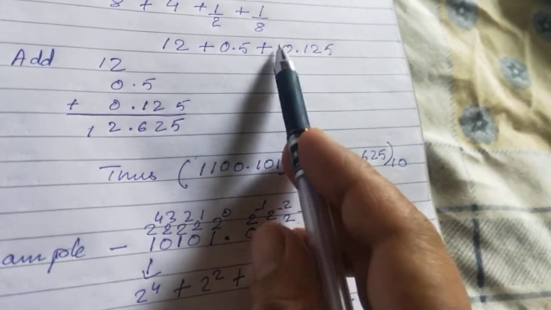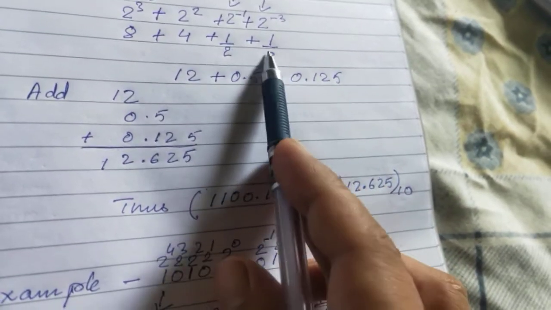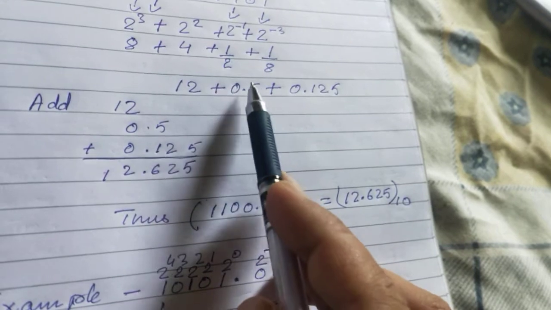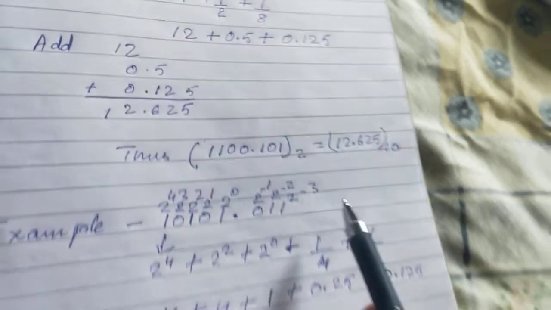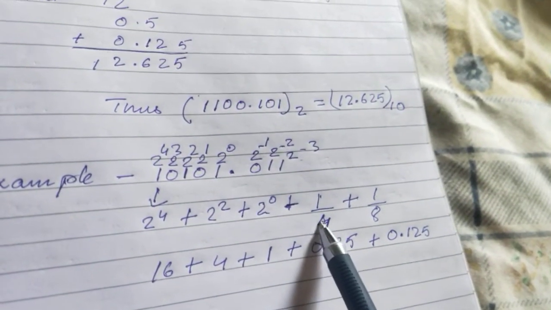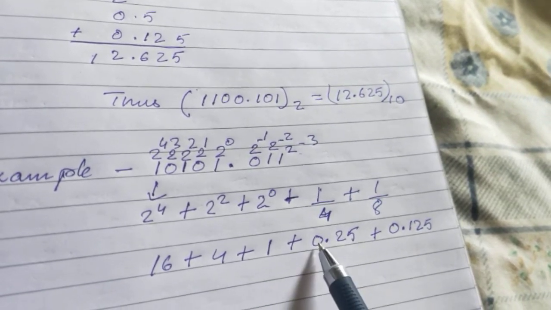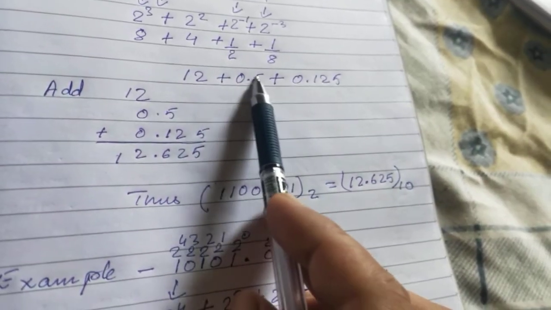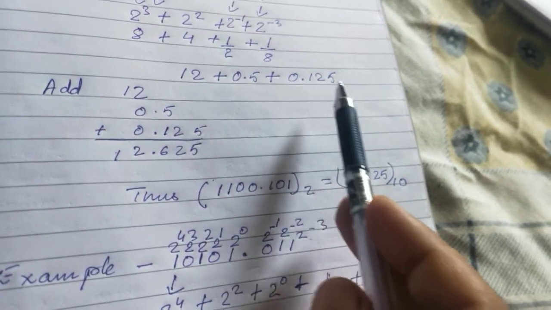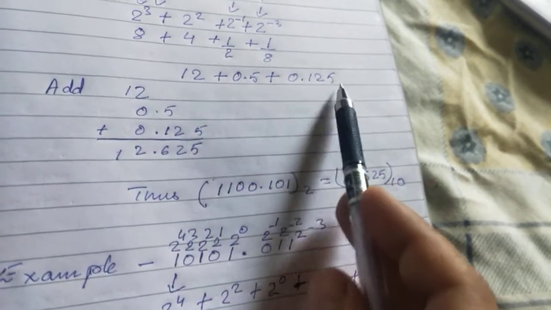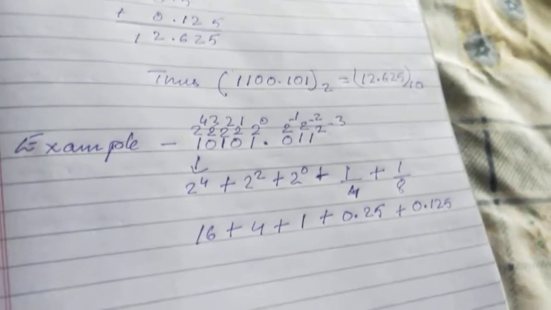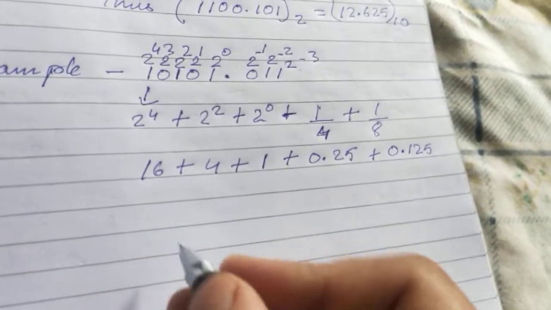We already know that from the above calculation. 1 divided by 8 is 0.125, 1 divided by 2 is 0.5. Now a new number in this example is 1 divided by 4, which is 0.25. Check these calculations in the calculator and remember them for solving this type of questions.